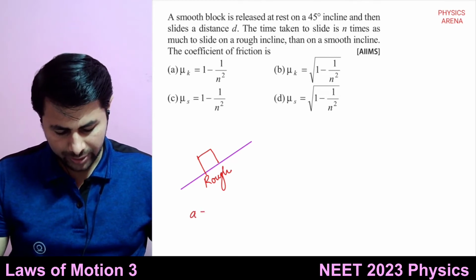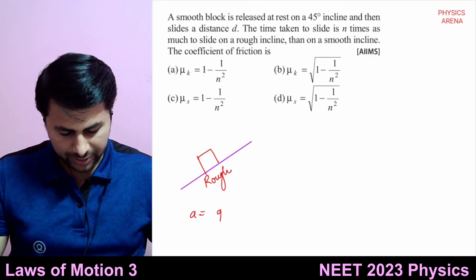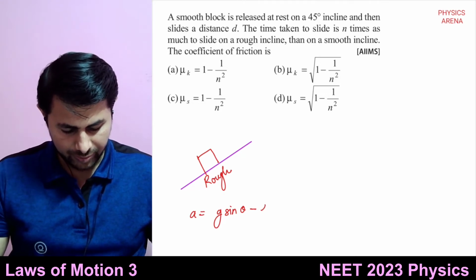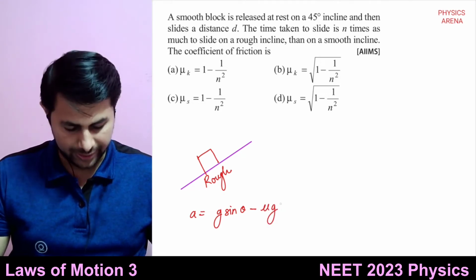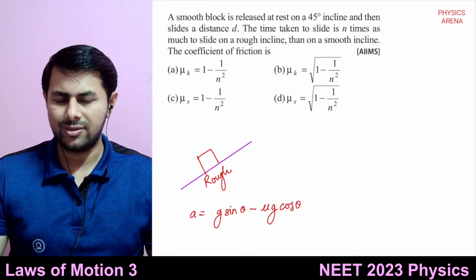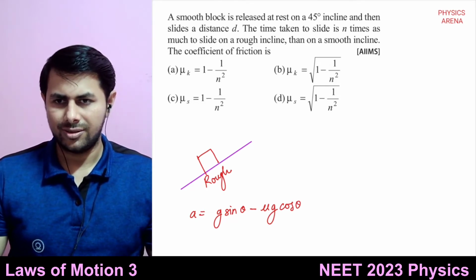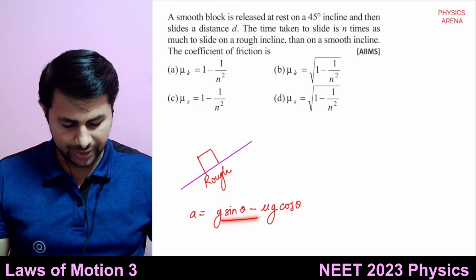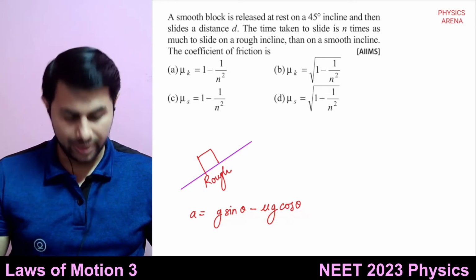We had found the acceleration in this case is g sin theta minus mu multiplied by g cos theta, right? Remember this. If there is friction and it is sliding, the acceleration will be g sin theta minus mu g cos theta.